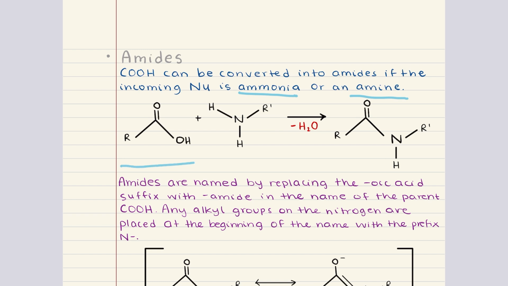We start with a carboxylic acid, and this contains a carbonyl group and a hydroxyl group attached to the same carbon. This carboxylic acid is going to react with ammonia or an amine. In this reaction, the nitrogen atom of the amine acts as a nucleophile, and it attacks the carbonyl carbon of the carboxylic acid.